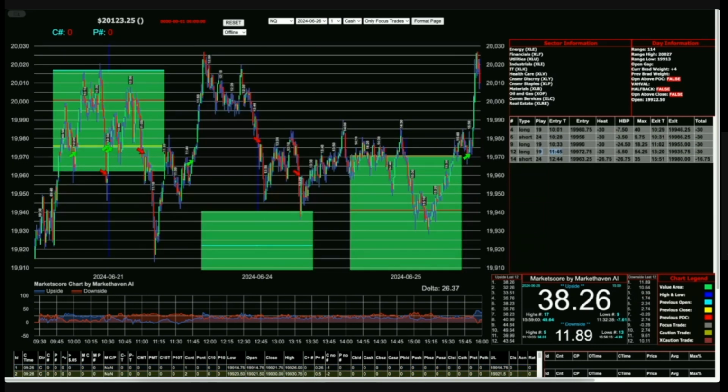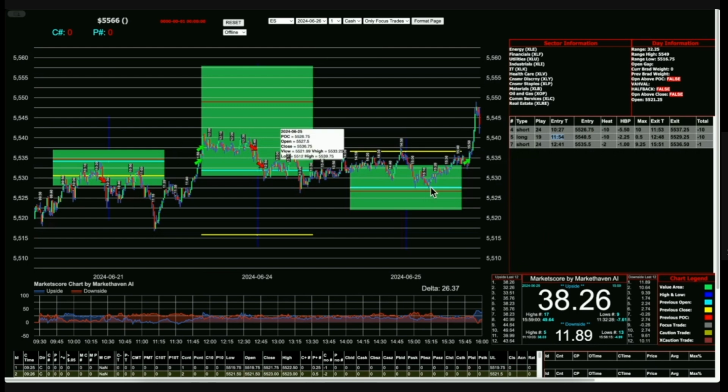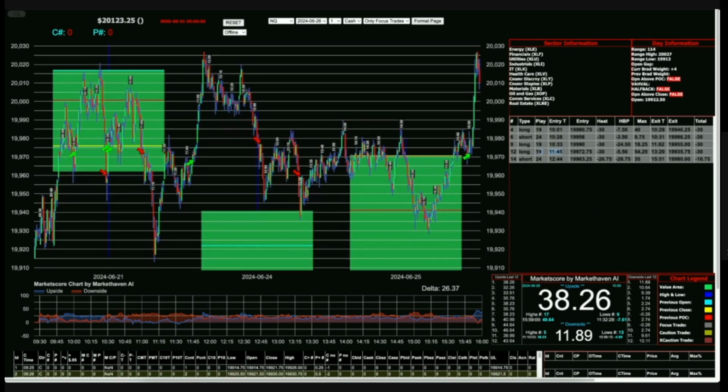There was no point for me to switch. And it is not uncommon for there to be focus trades in one and not the other. There's nothing rule-wise that says you can't take one or the other, or in this case, go back and forth between the two.